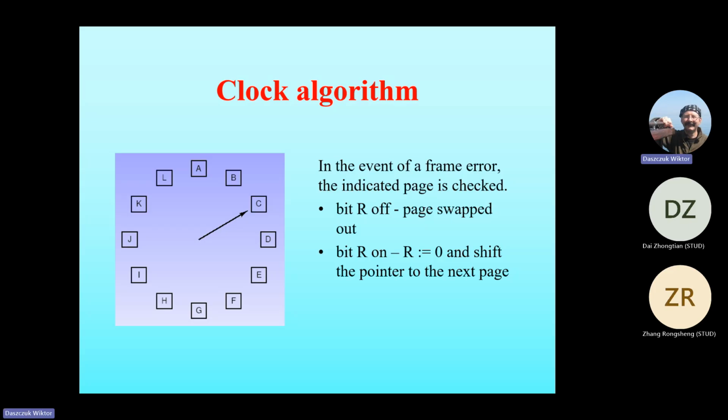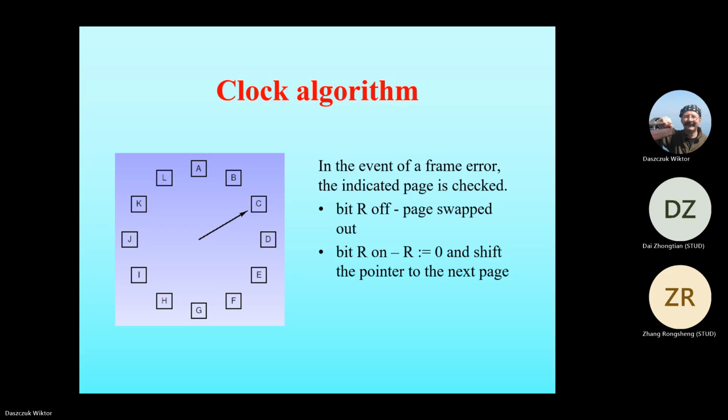Because we cleared the R bit, we are sure that there is a page with R0 because we cleared it. So at last, after making a full circle, we will find a page with R0.